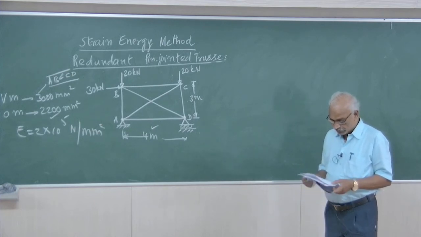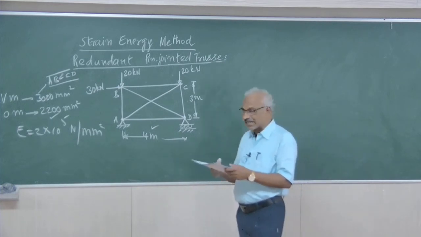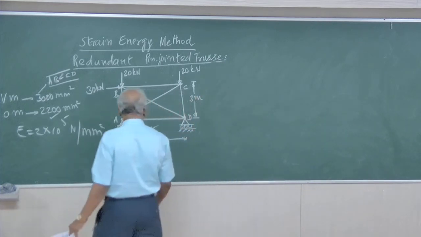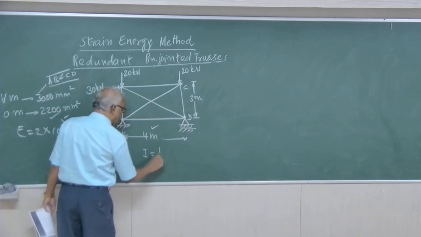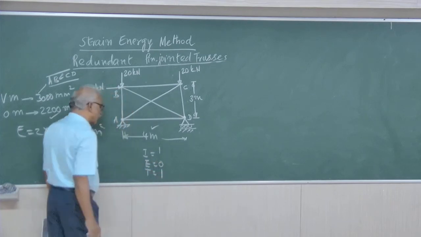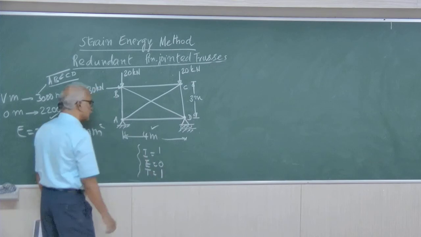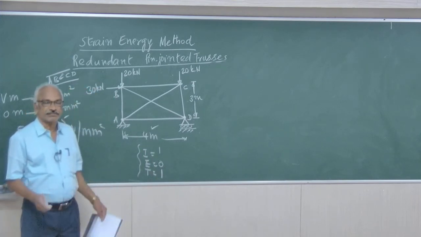So we know, first we have to find out the degree of static indeterminacy, which we have already completed, that the internal indeterminacy equals 1, externally it is determinate, therefore total equals 1. The truss is internally indeterminate to 1 degree.